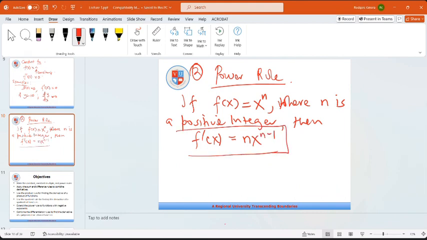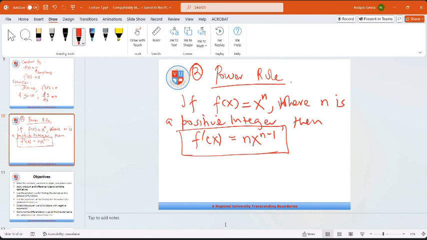This is a very fundamental rule, and in case you miss it, you're going to find differentiation very complicated because it is the most commonly applied rule.